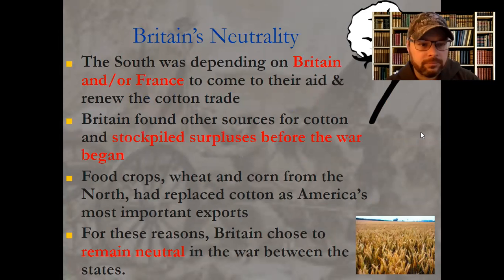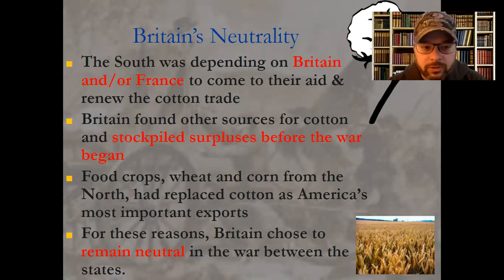Britain's neutrality. The South was depending on Britain and or France to come to their aid and renew their cotton trade, just like they were trying, remember, to repeat what the colonists did in the Revolution.